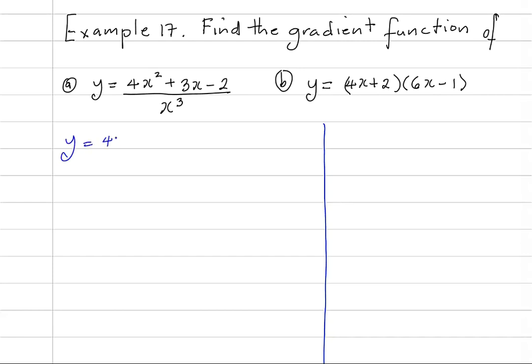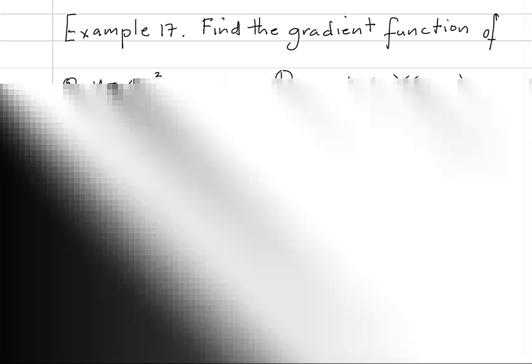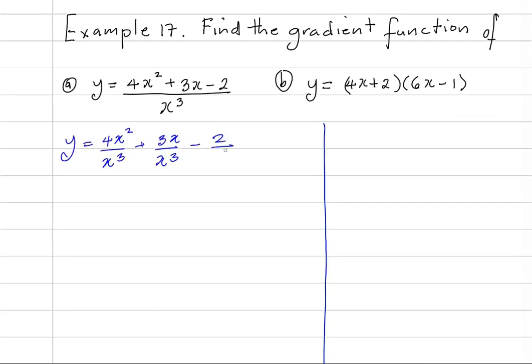4x squared over x cubed plus 3x over x cubed minus 2 over x cubed. All right.